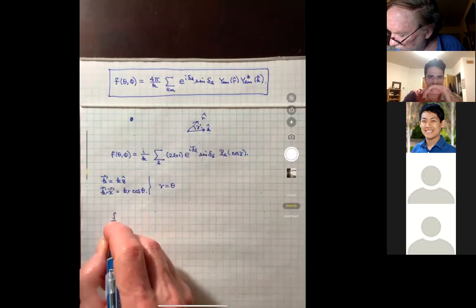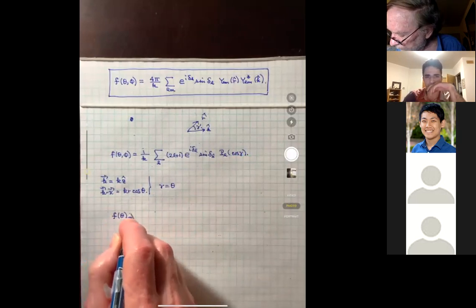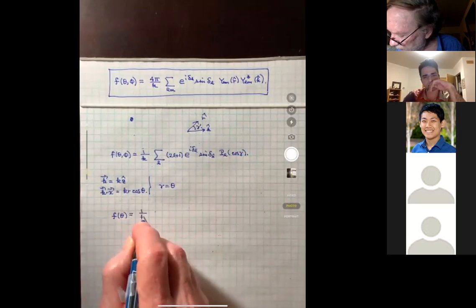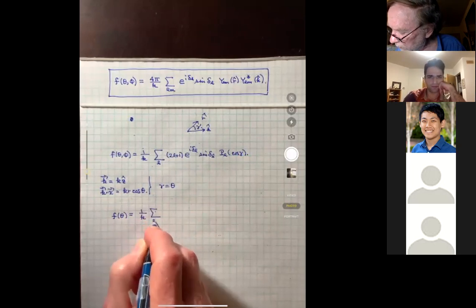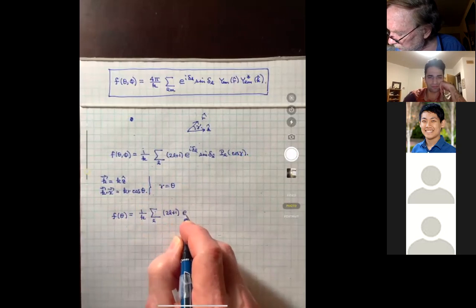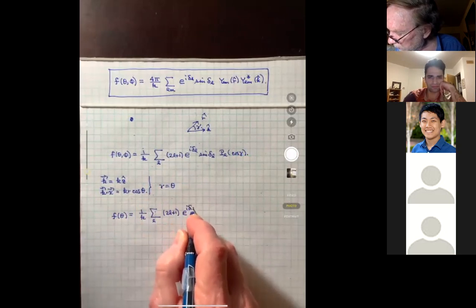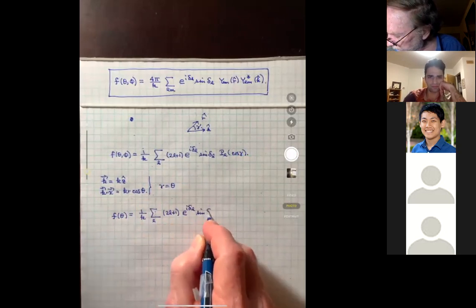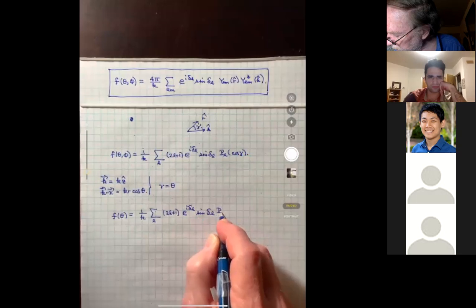So in this case, what we find is that F of theta is equal to 1 over K times the sum on L. It's almost the same formula, 2L plus 1 times e to the i delta L times sine delta L times PL of cosine theta.